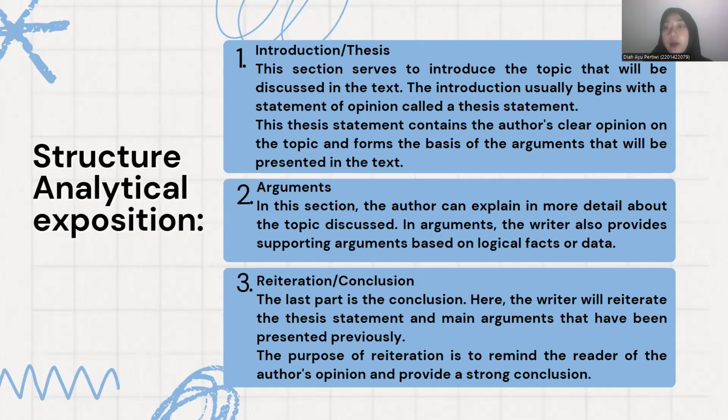Here, the writer will reiterate the thesis statement and main arguments that have been presented previously. The purpose of reiteration is to remind the reader of the author's opinion and provide a strong conclusion.